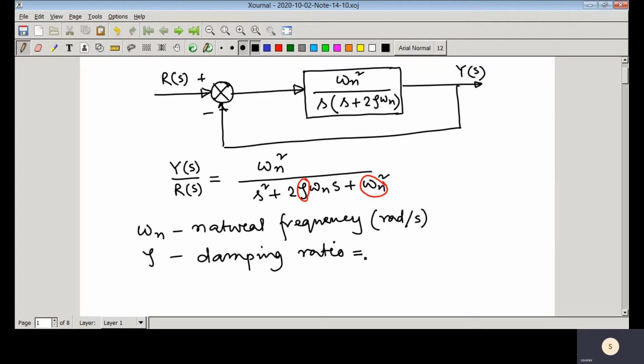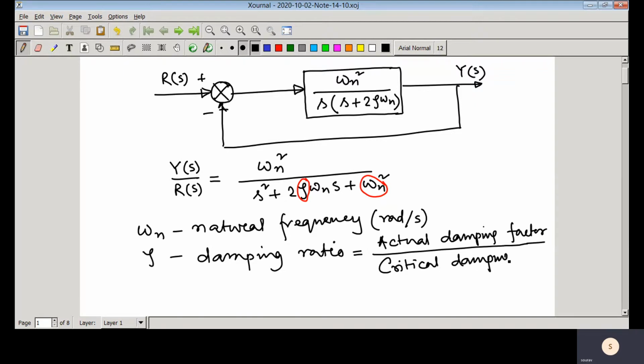Why it is called ratio, I will be discussing just now. That is, it is that ratio of two damping factors. One is that actual damping factor divided by that critical damping factor. So now the question is, what is critical damping factor? So that thing we will discuss later.